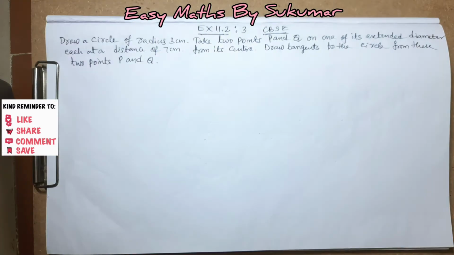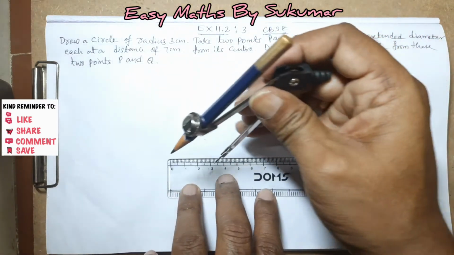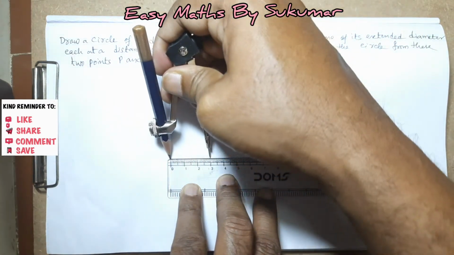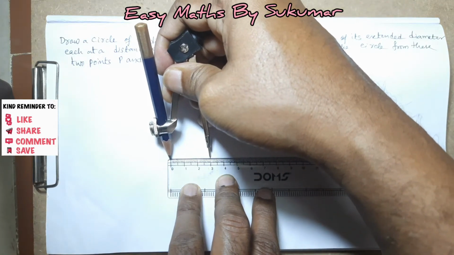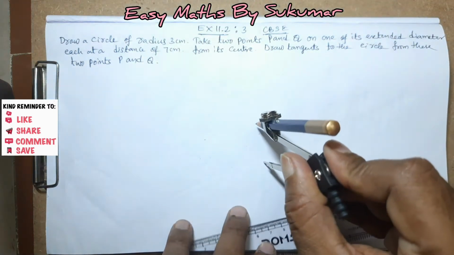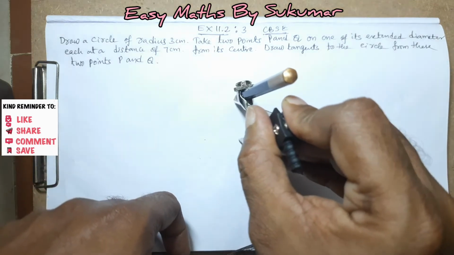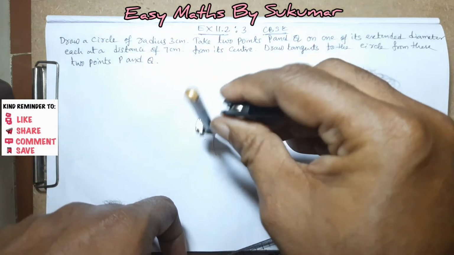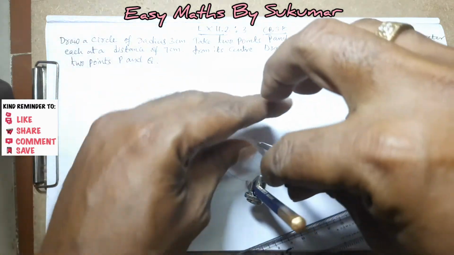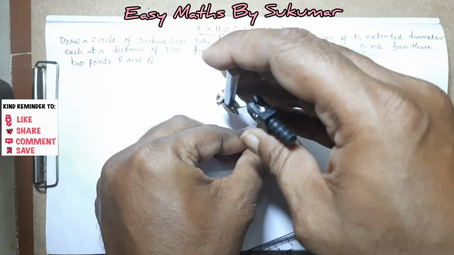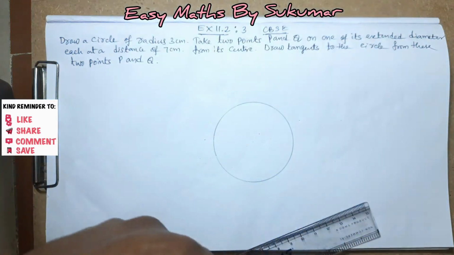First draw a circle of radius 3 centimeters. This is the circle of radius 3 centimeters.